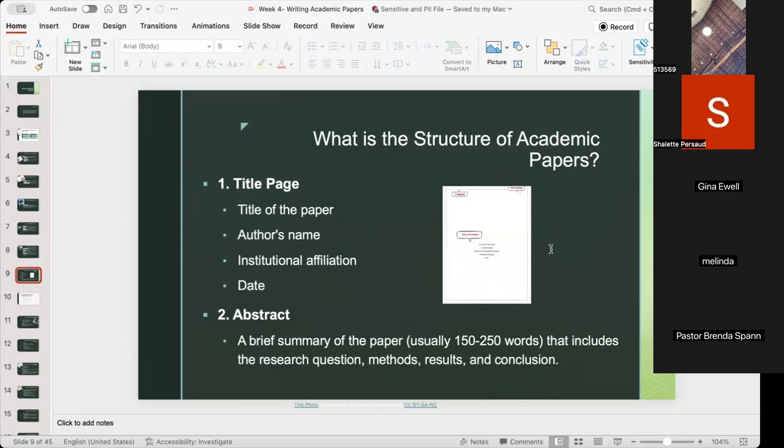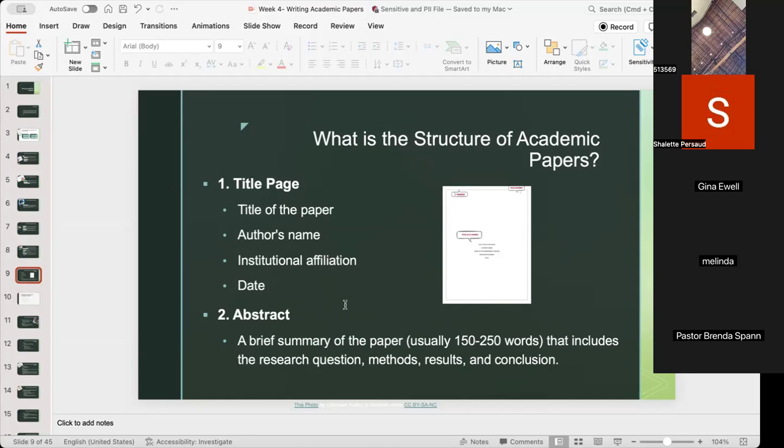Usually it has whoever's written the paper, the professor's name, the date, just those kinds of important things. Here it also says institutional affiliation. So if it were for Harvest Bible University, you put Harvest Bible University. And that's usually one page.